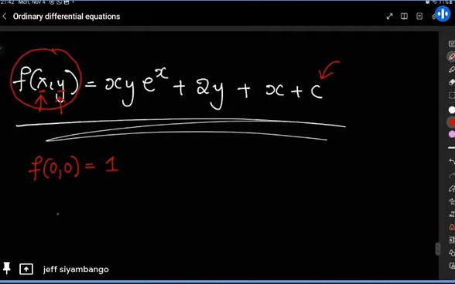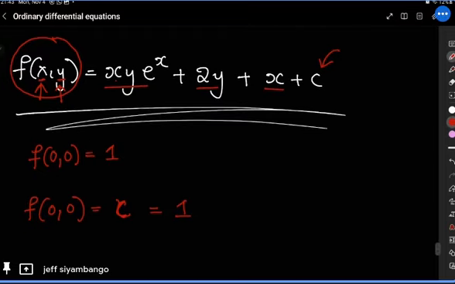Then we can say that if x is 0 and y is 0, then where there's x, we put 0. This whole thing would be 0. This would be 0. And this would be 0. Meaning we would only remain with c here. But they're saying f of 0, 0 is equal to 1. Meaning c must be the one equal to 1.